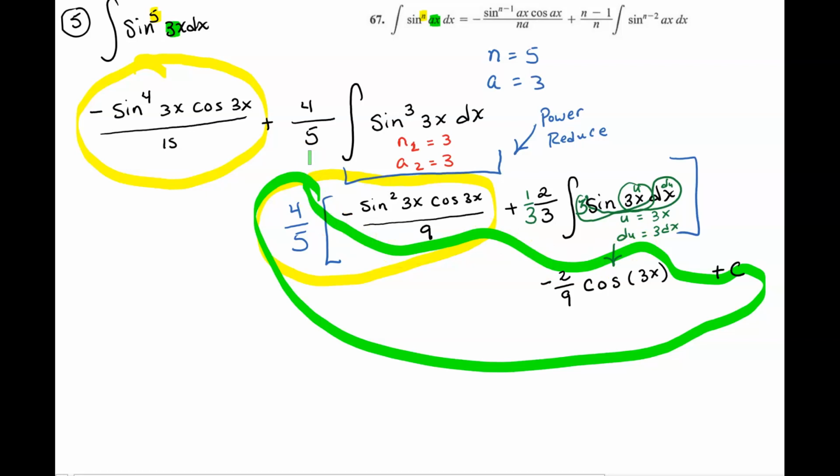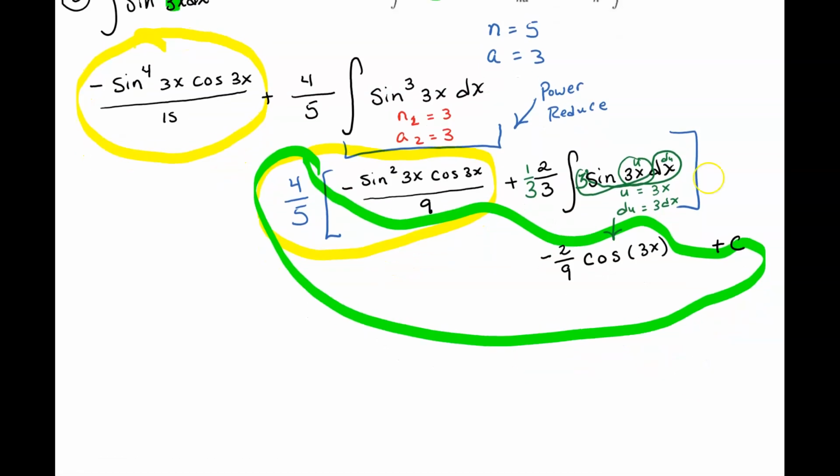Let's take a look and see what that looks like when I put it all together. This is going to be a negative sine to the 4th power, 3x, cosine 3x divided by 15, plus 4/5 times a negative 1/9, which is negative 4 out of 45.